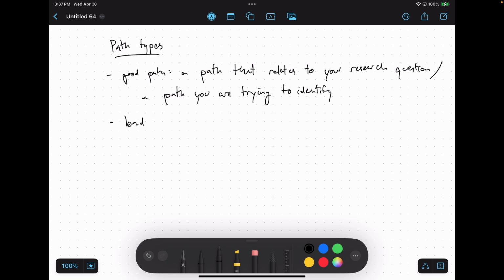A bad path is a path unrelated to your research question.